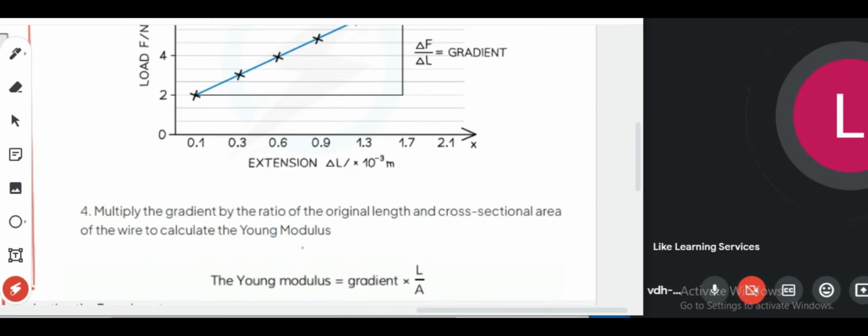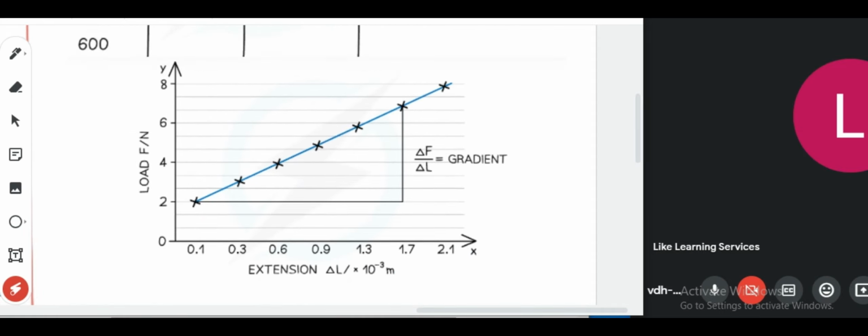And then we can plot the graph of the force against the extension, the force in Newton against extension in meter. We obtain a graph like this. With this graph, we can find the gradient, which is force over extension. By the way, this gradient, which is force over extension, gives us the spring constant.